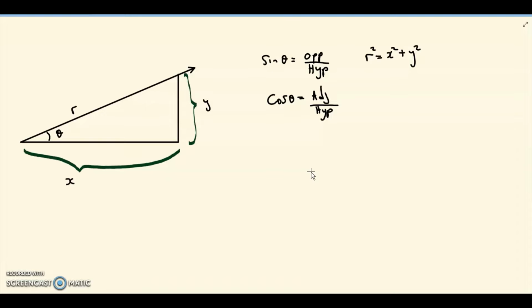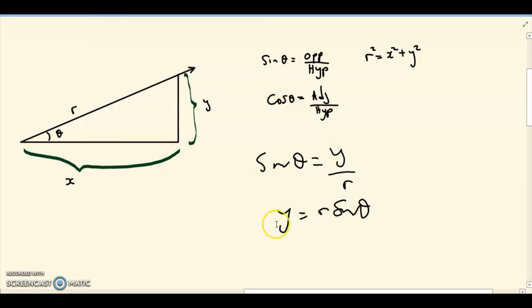So we know that using sine theta, sine theta is equal to opposite over hypotenuse. What is the opposite? y, and the hypotenuse is r. So opposite, which is y over r. Making y the subject of the formula here, we are going to have y is equal to r sine theta. So this is a relationship we'll be using. Okay, let's take note of that.